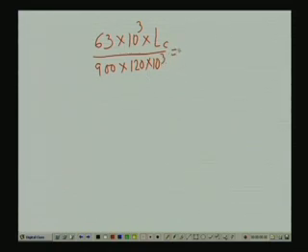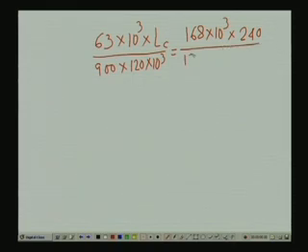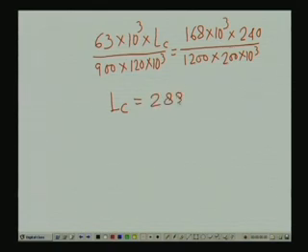This is equal to 168 into 10 to the power 3 times the length of the steel bar, which remains unaltered at 240, divided by 1200 into 200 gigapascal, which is 200 into 10 to the power 3. So, this gives us the value of L copper, the length of the copper rod, which should be equal to 288 millimeter.